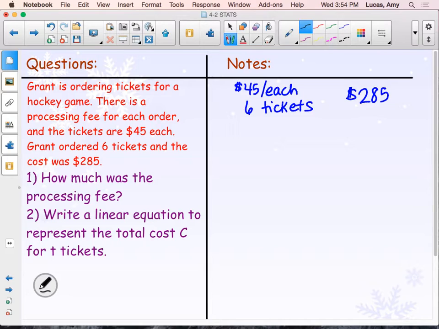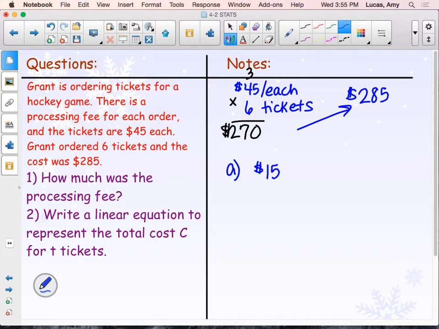If I multiply 45 times 6, because he got 6 tickets and they're $45 each. 45 times 6, so this would be 30, so that would be $270. $270, but he paid $285. So that tells me that the processing fee is $15.